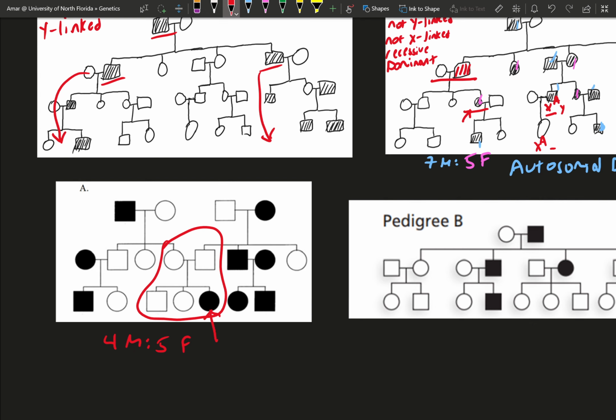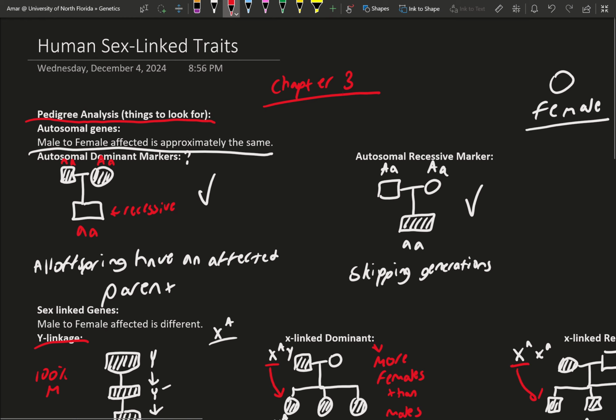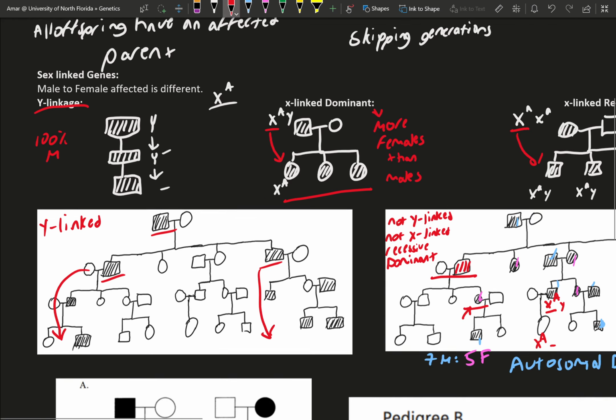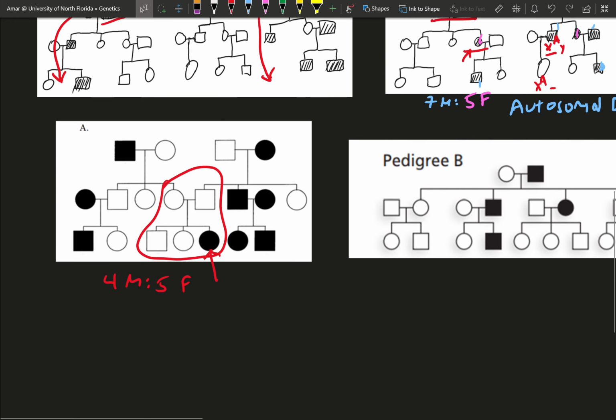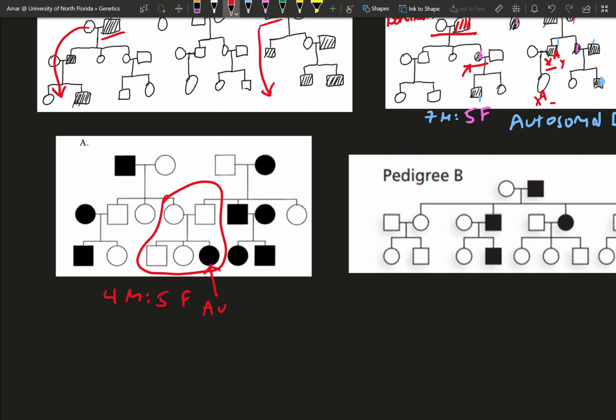If you look back on our cheat sheet, when two parents are not affected and they give rise to an affected offspring, this is a marker that this mode of inheritance is autosomal recessive. And that'll be the answer for that one. Pretty simple.